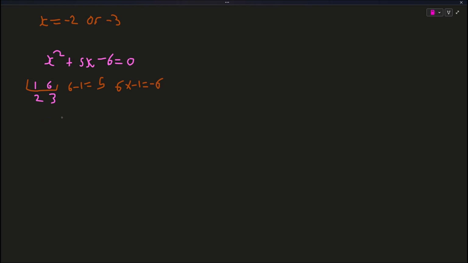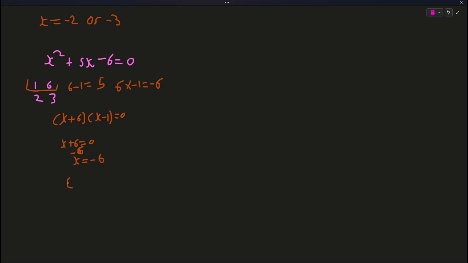Great. Now we found our numbers, we can write it out as x plus 6 and x minus 1 is equal to 0. To find a solution, we have to equate each factor to 0. So x plus 6 is equal to 0, minus 6 from both sides, that gives us x is equal to minus 6.